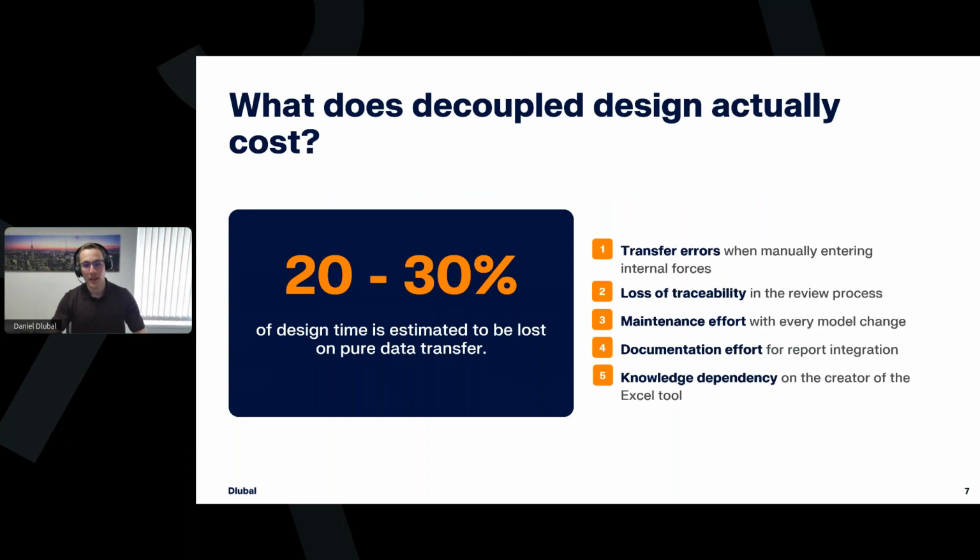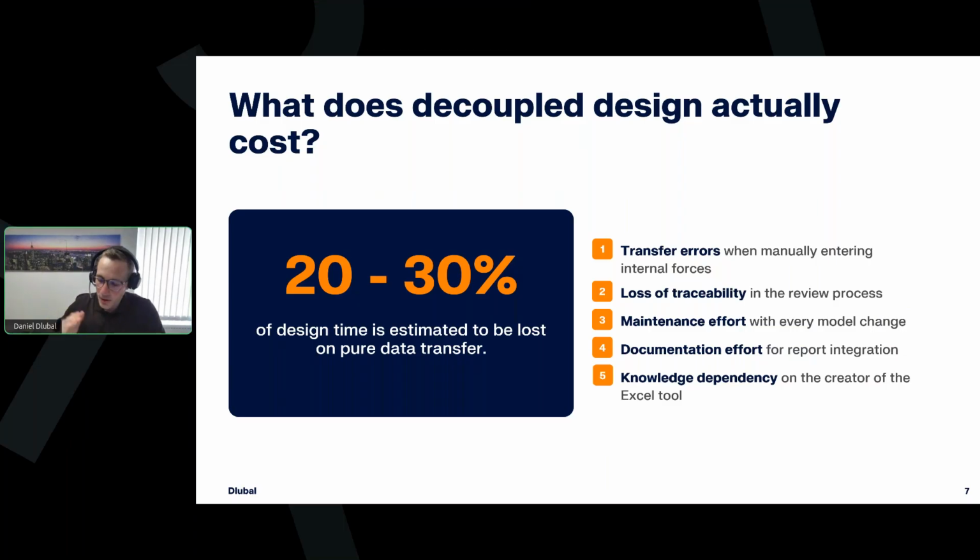Another thing is, how much time do we lose when doing design with several applications and always transferring one result to another tool? At Dlubal, we have a rough and even a very good estimation from our customers, based on several surveys and feedbacks, that 20 up to 30% of design time is estimated to be lost on pure data transfer.